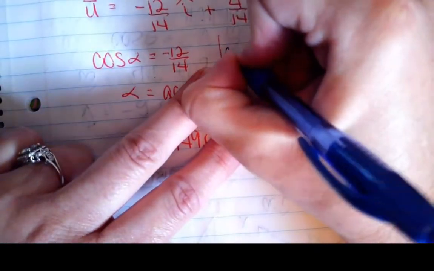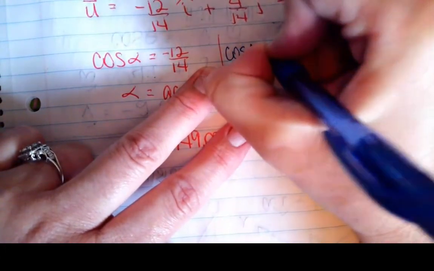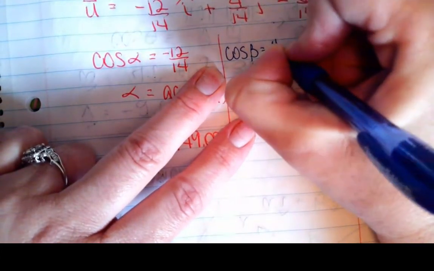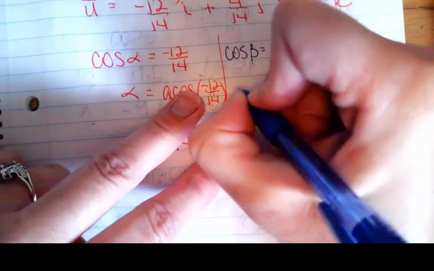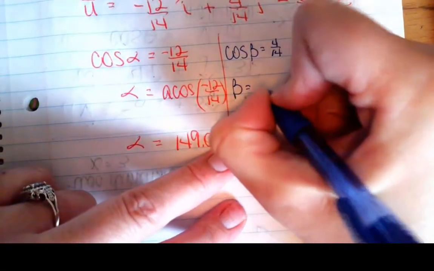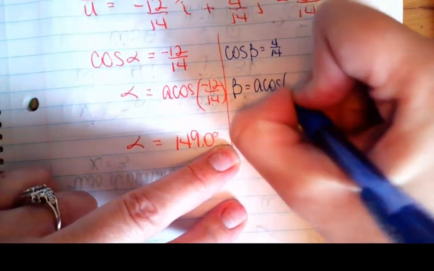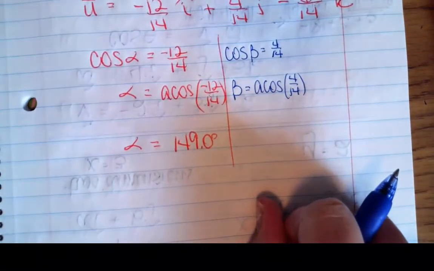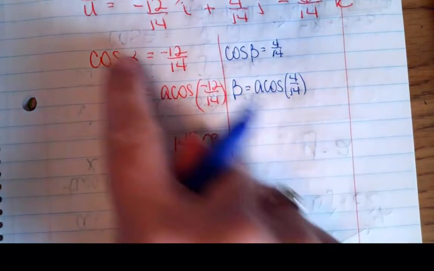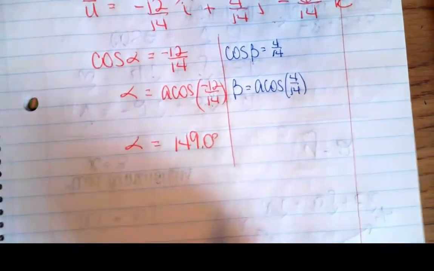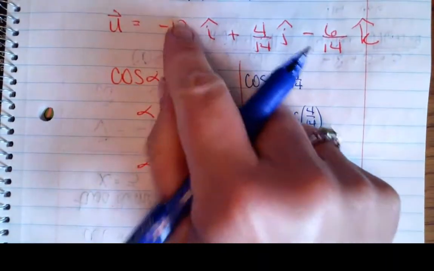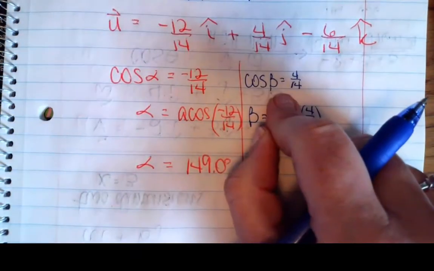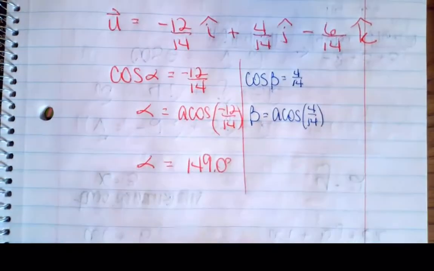I've got the cosine of beta is going to be 4/14. So beta equals the arc cosine of 4/14. And again, I didn't reduce it just because I didn't need to. If you were going to return this as a unit vector, you would reduce this to negative 6/7, 2/7, and negative 3/7.